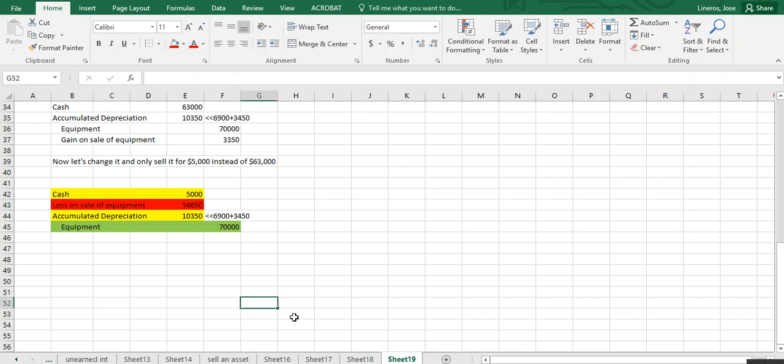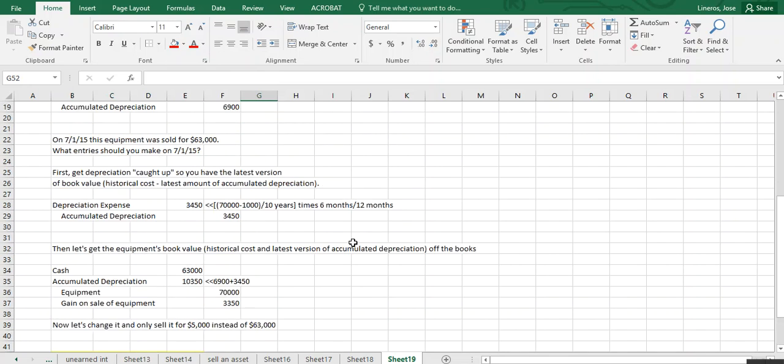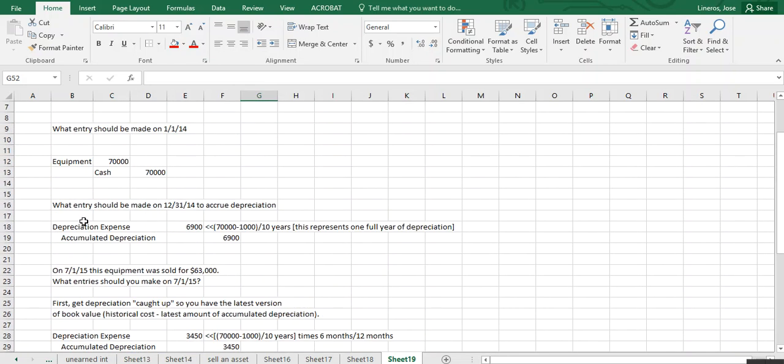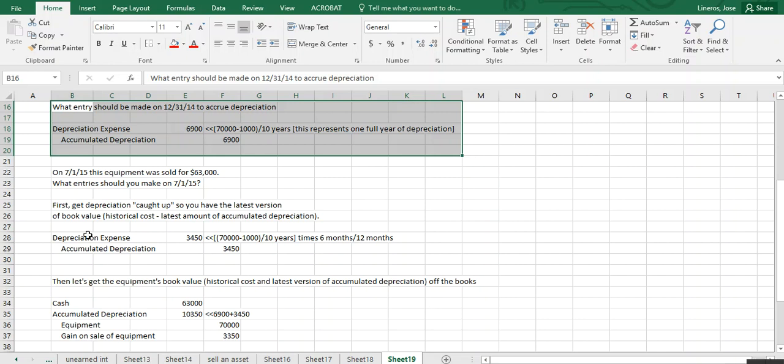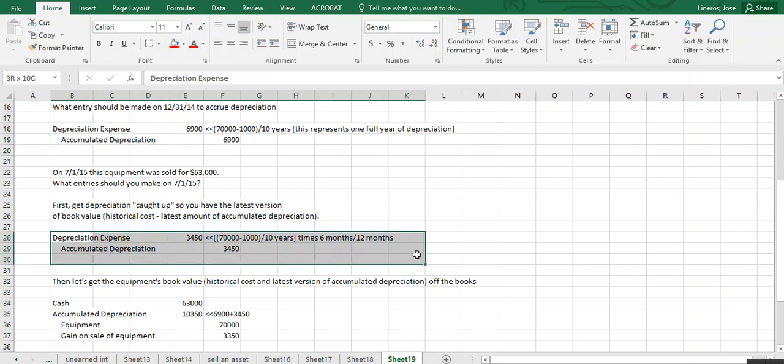It's been an example of buying equipment, depreciating it. You notice we took a full year's worth here to reflect 12 months. And then when we learned that we were going to sell it on 7/1, we got depreciation caught up for that additional 6 months.